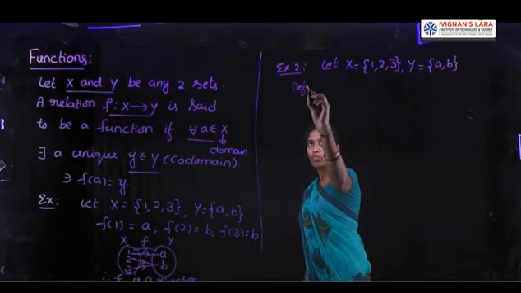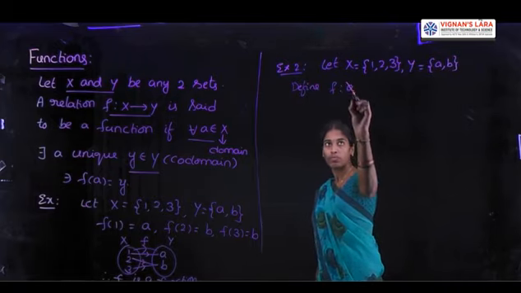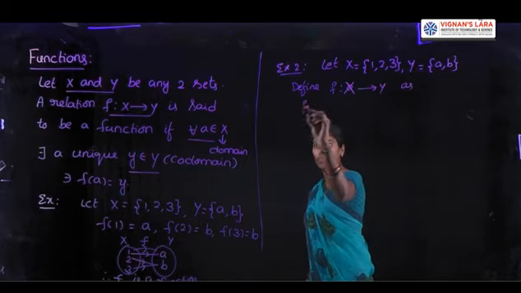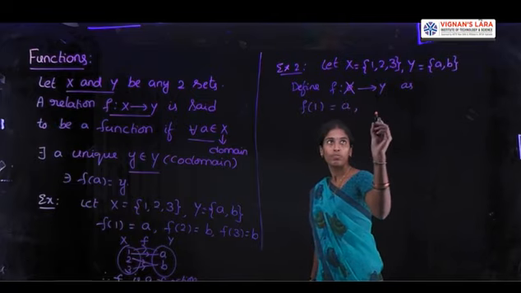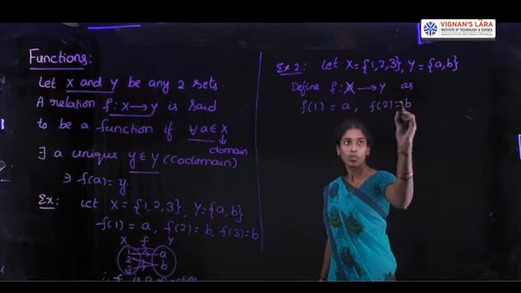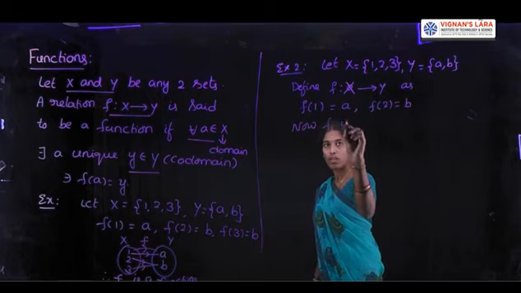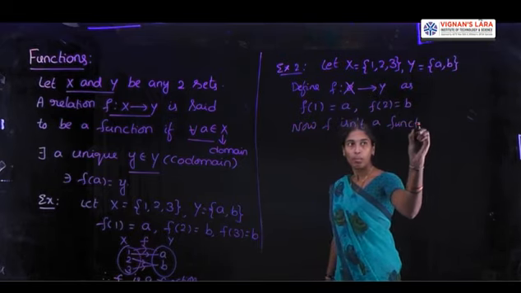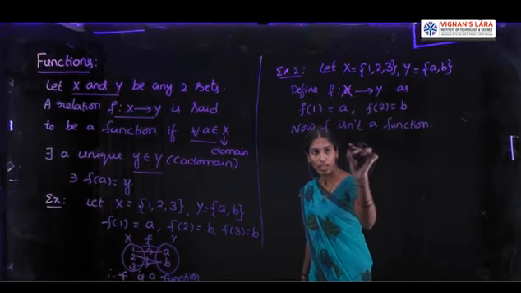Define f from x to y as f of 1 is equal to a, f of 2 is equal to b. Now, f is not a function because, let us see, we represent it in terms of a diagram.